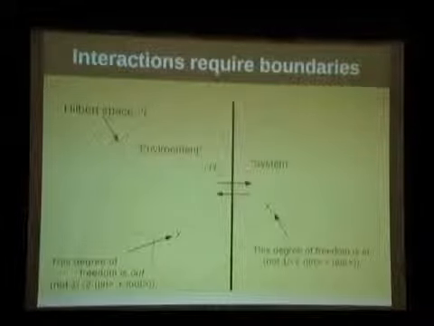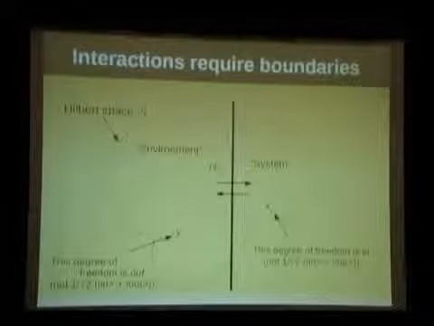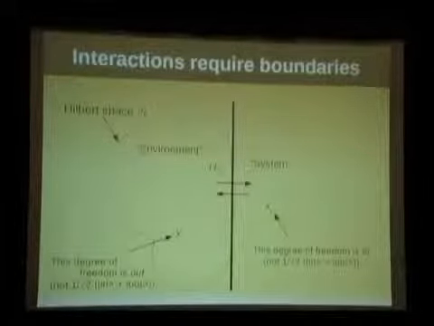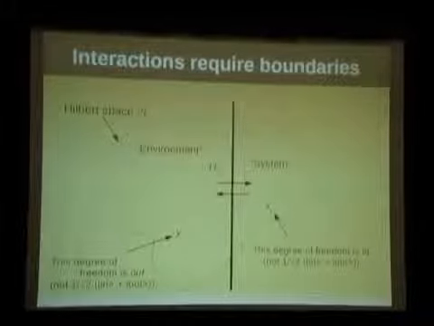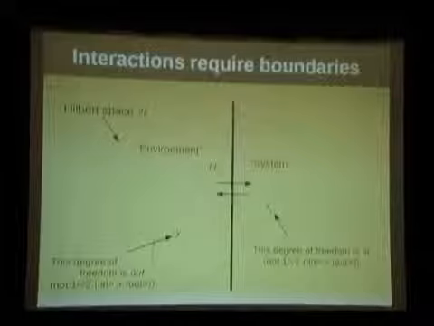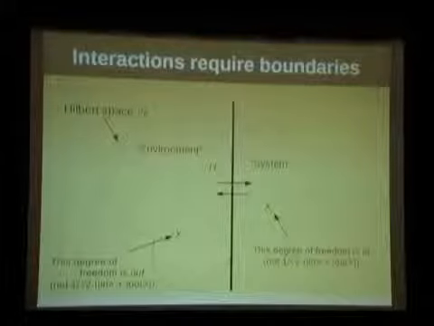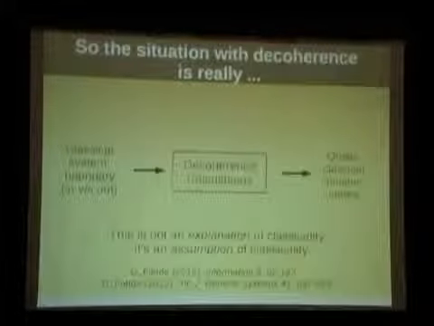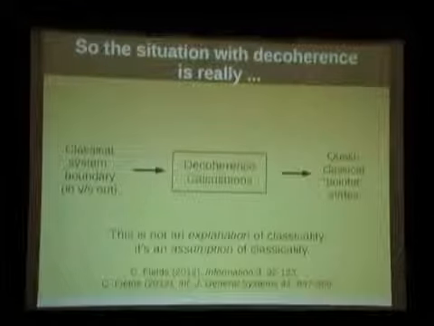And this is a classical boundary. I haven't said this degree of freedom is partly in the system and partly in the environment. I haven't said this is a superposition, a quantum state relating the system to the environment. I've said it's in the system, no kidding. Well, that's a classical fact. That's a classical assumption.